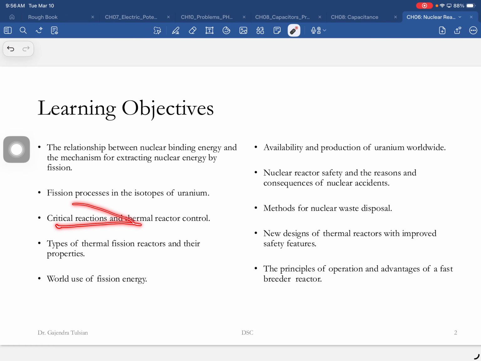What is criticality? When one neutron is causing another fission reaction, okay? Types of thermal fission reactors. The way you extract heat, you classify reactors based on that. We'll talk about how many reactors there are in the world and so on. Then we'll talk about methods of nuclear waste disposal.